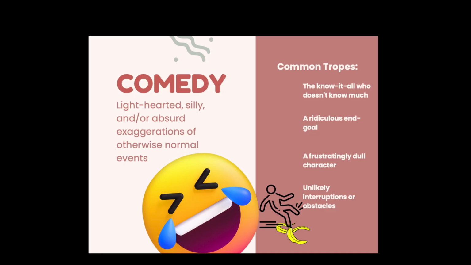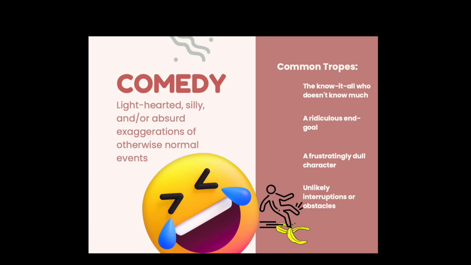Another trope that we often come across in comedy is the unlikely interruption or obstacle. That is, any instance in which just the most bizarre thing happens to keep the narrative from proceeding forward.